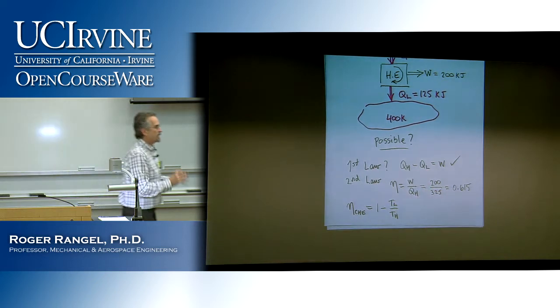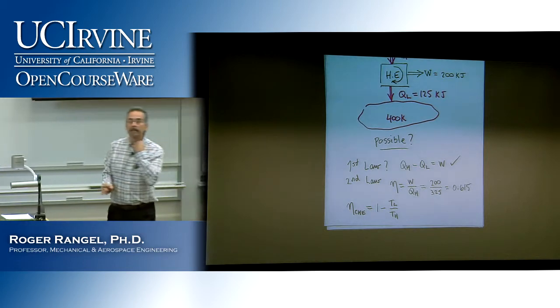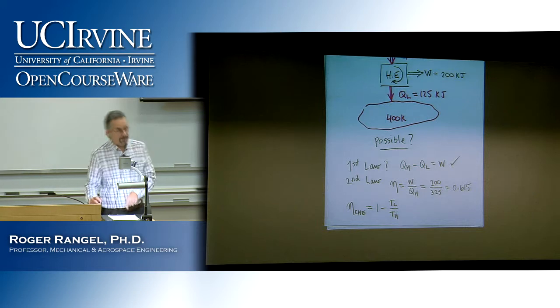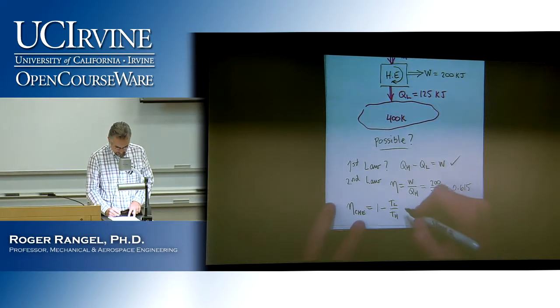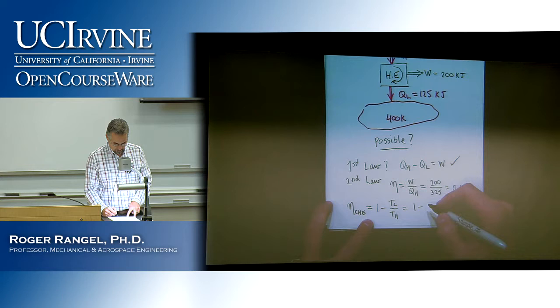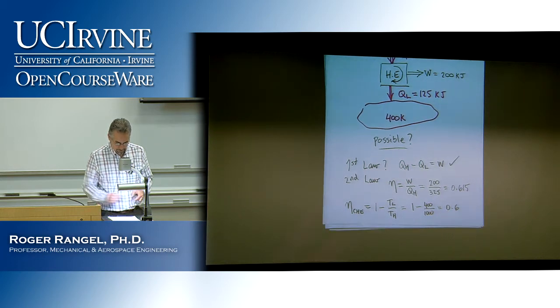Because we saw that there is a relationship between the heat transfer ratios and the temperature ratios if it's Carnot. So if I do this, then what do we get? 1 minus 0.4, right? So 0.6. Let me just put all the numbers in here, 400 over 1,000. So this is 0.6.